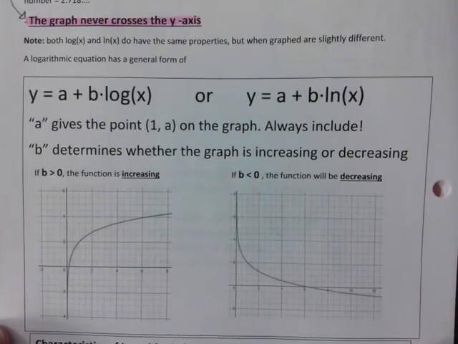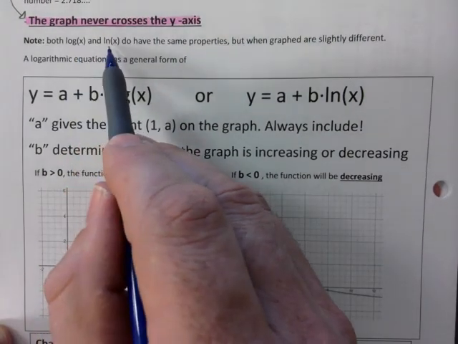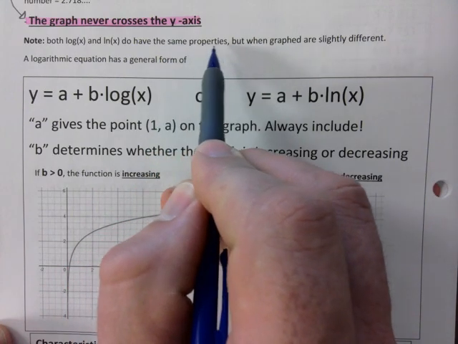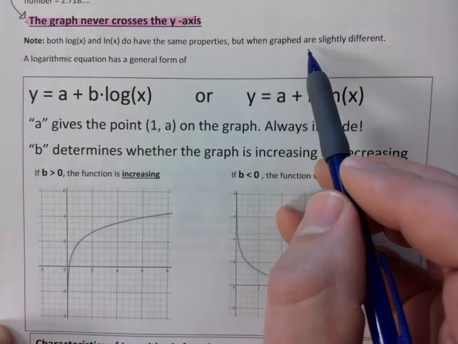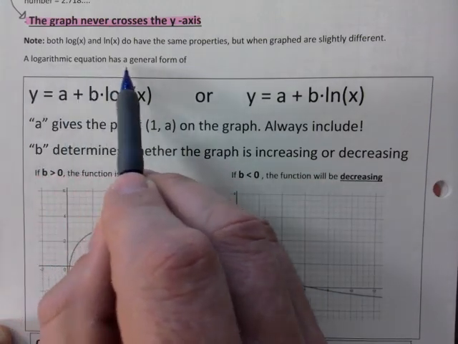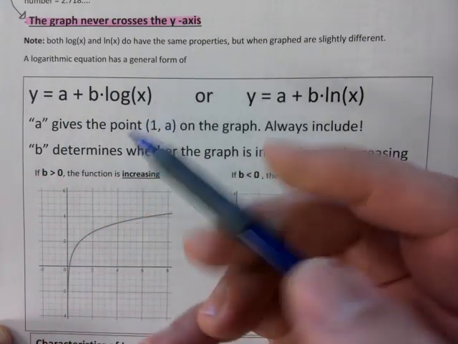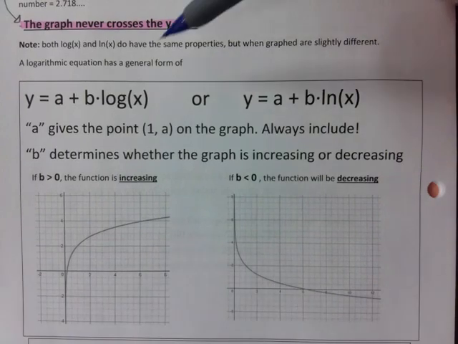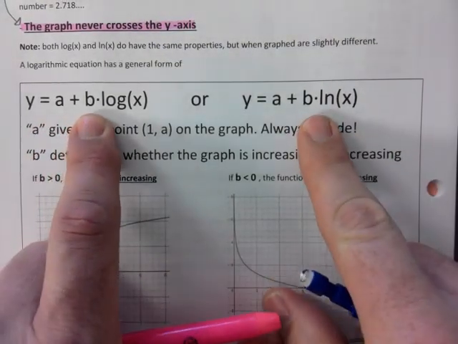Both log and natural log have the same properties, but when graphed are slightly different. A logarithmic equation has the general form of, they are both the same.